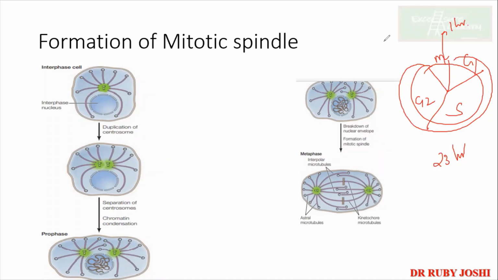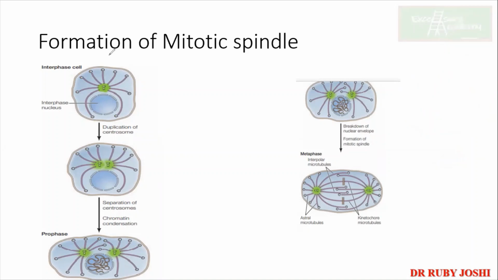Okay, now coming to this formation of the mitotic spindle, everyone knows about it. Once the centrosomes are getting duplicated, you can see two are coming here and here. Now please remember, when two are there, they actually separate from each other, and then they become the mother.